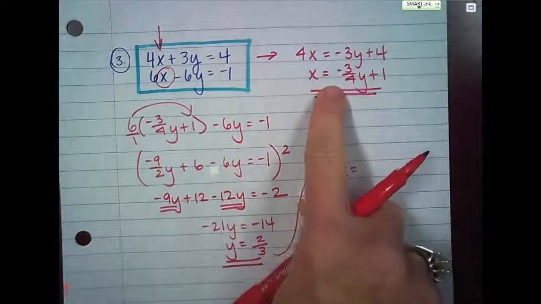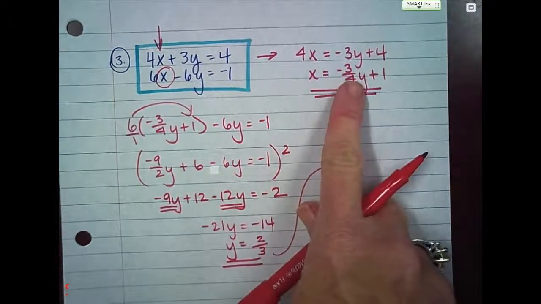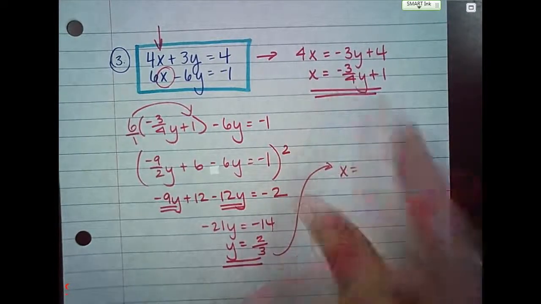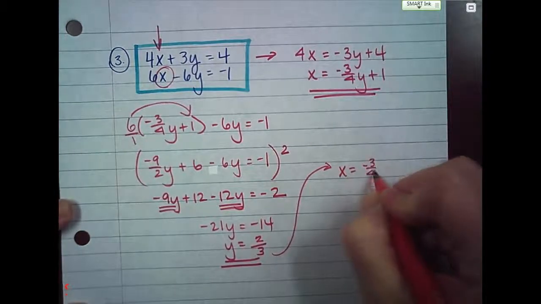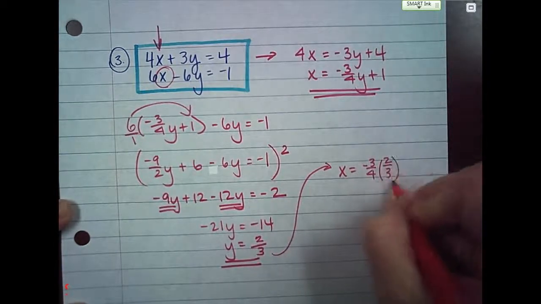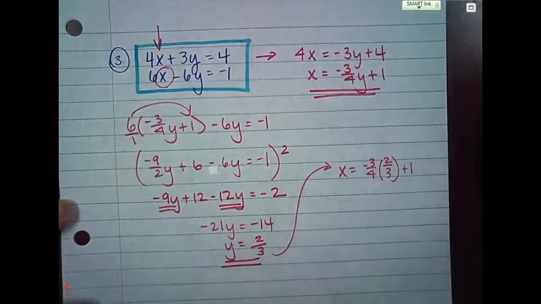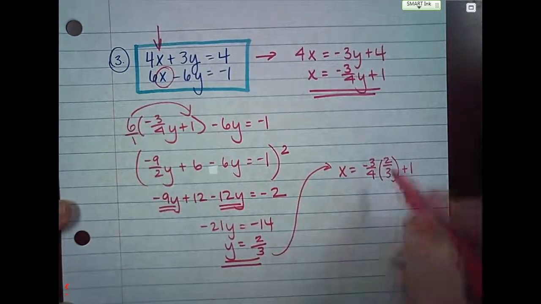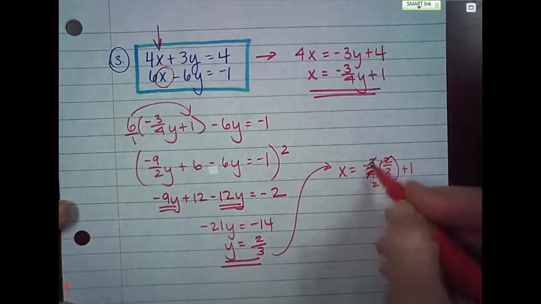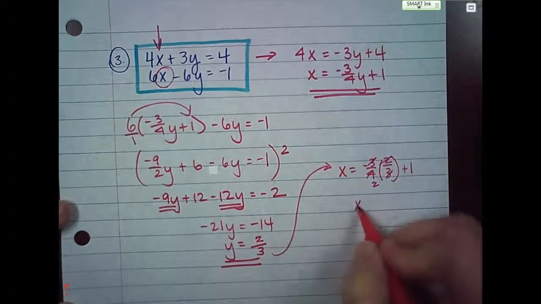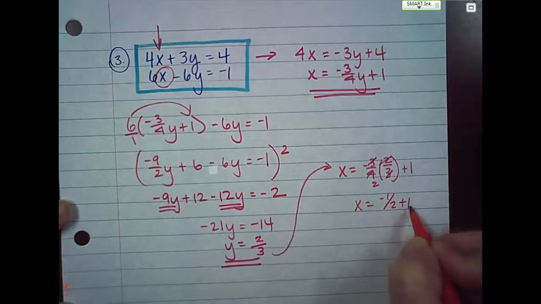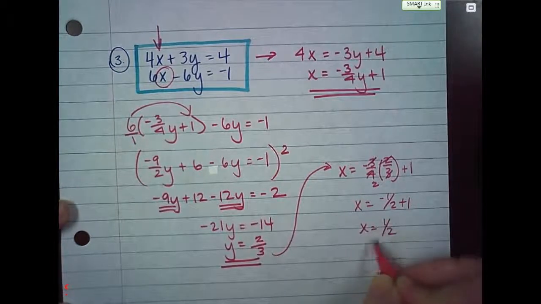It's just this is easier because it says x equals. I'm looking for x. Negative 3/4 times 2/3 plus 1. Cancel. You get negative 1/2 plus 1. So x is just 1/2.